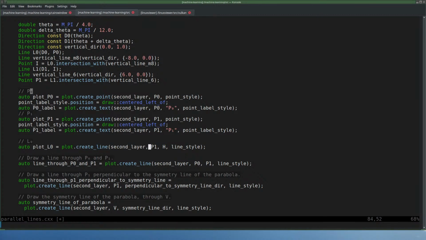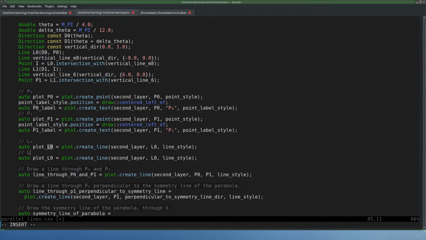Create line. This is from whatever line I have, so it should work. Demand that it works. And then of course for the other line, L1.